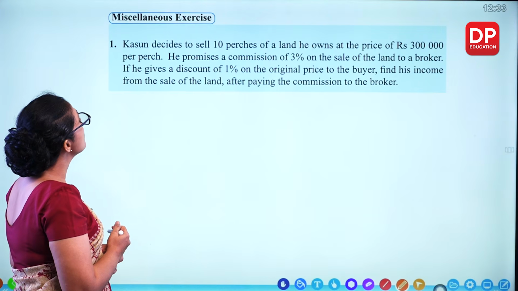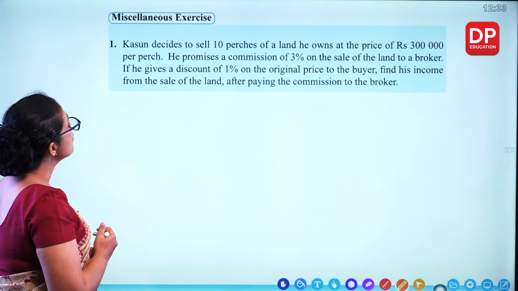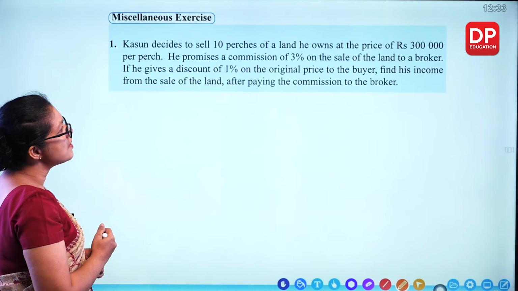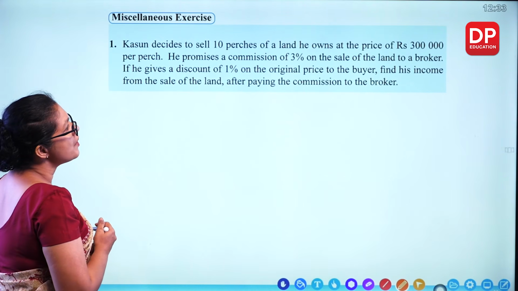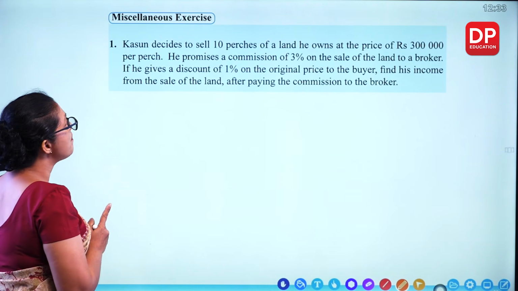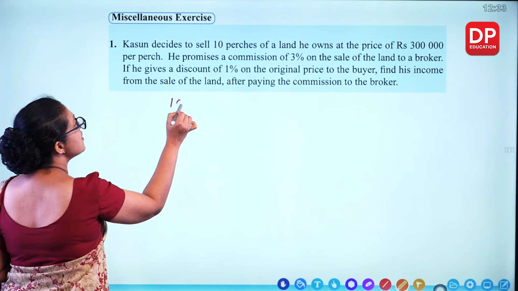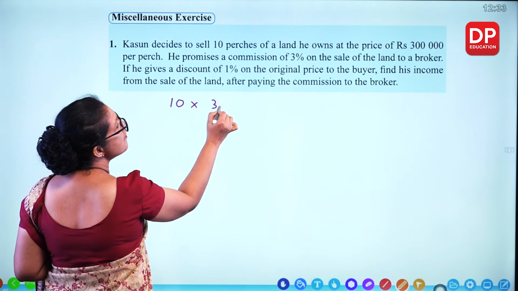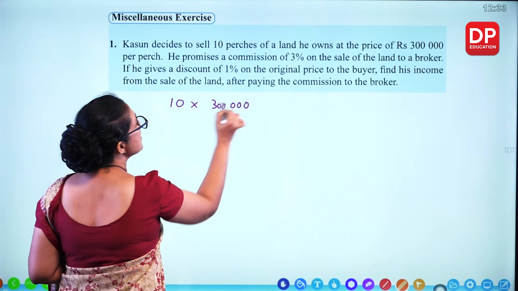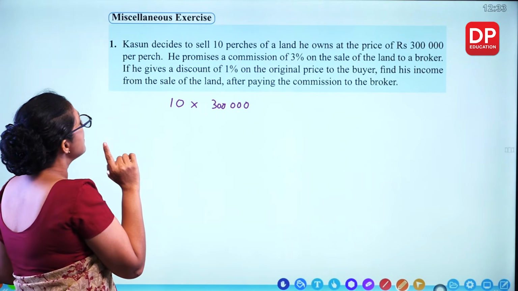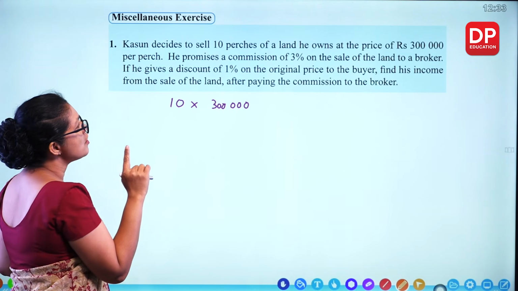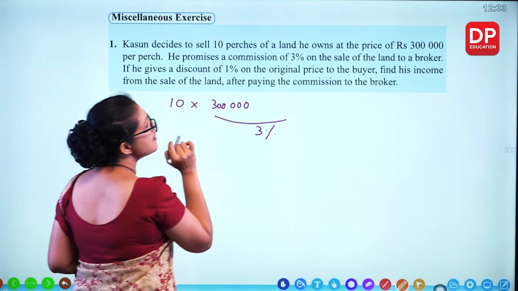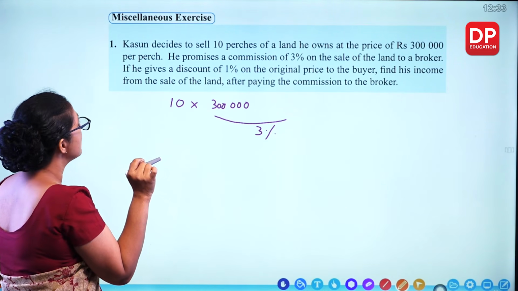Miscellaneous exercise. Question number 1. Kasun decides to sell 10 perches of a land he owns at the price of 300,000 per perch. So 10 perches worth 300,000 rupees each. He promises a commission of 3% on the sale of the land to a broker.